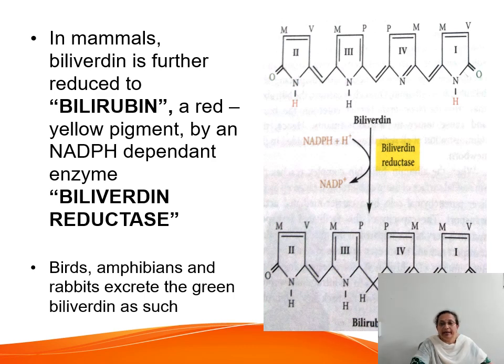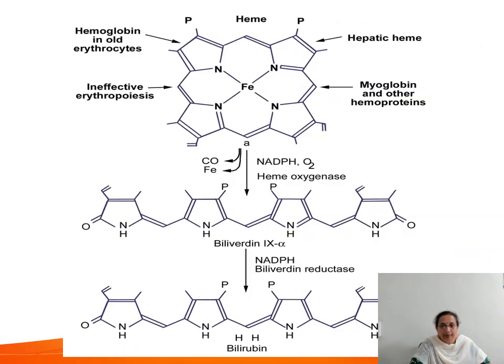Biliverdin is acted upon by the NADPH dependent enzyme biliverdin reductase to form the final product, which is bilirubin, a reddish yellow pigment. To narrate again, heme is acted upon by the enzyme heme oxygenase, liberating iron in +2 form. Immediately that is oxidized to +3 and taken up by transferrin, and the breaking down of the ring structure happens, forming linear biliverdin by the enzyme heme oxygenase.